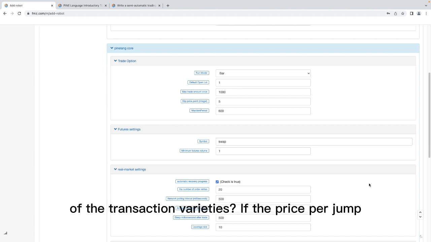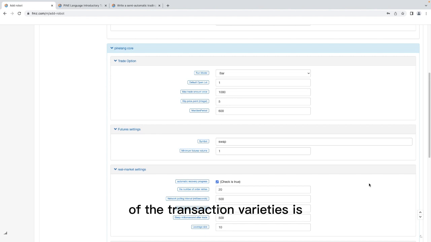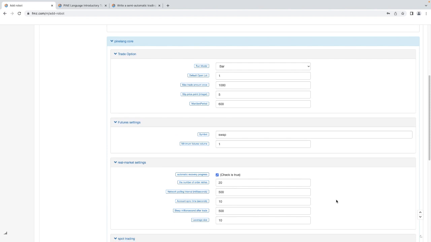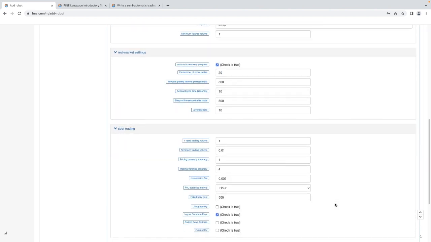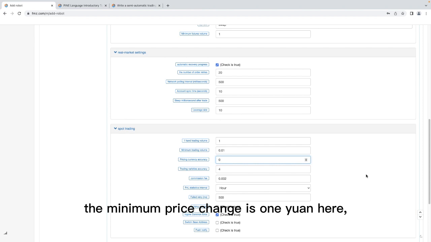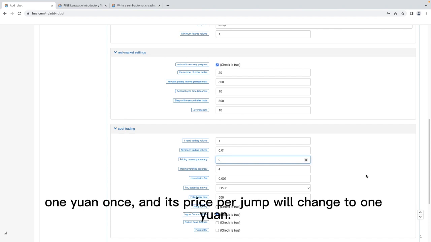If the price per jump is 1 yuan, we need to set the pricing currency accuracy to 0, which means that the price ignores the decimal places. That is, the minimum price change is 1 yuan, and its price per jump will change by 1 yuan.